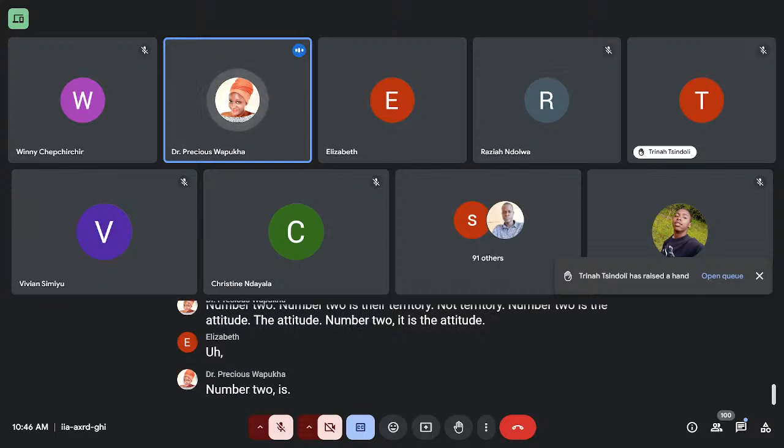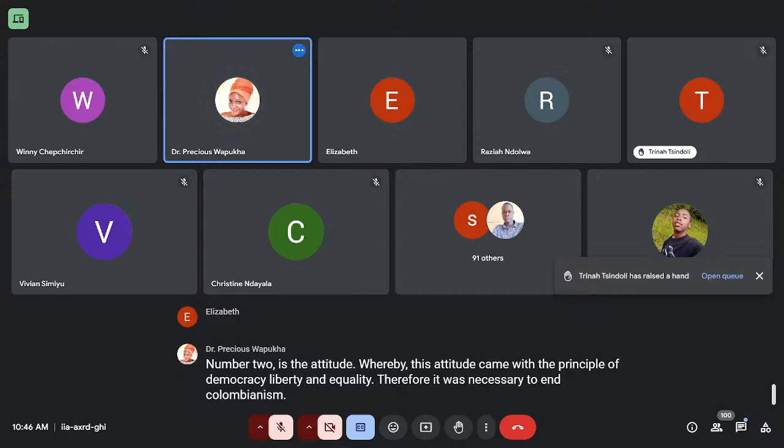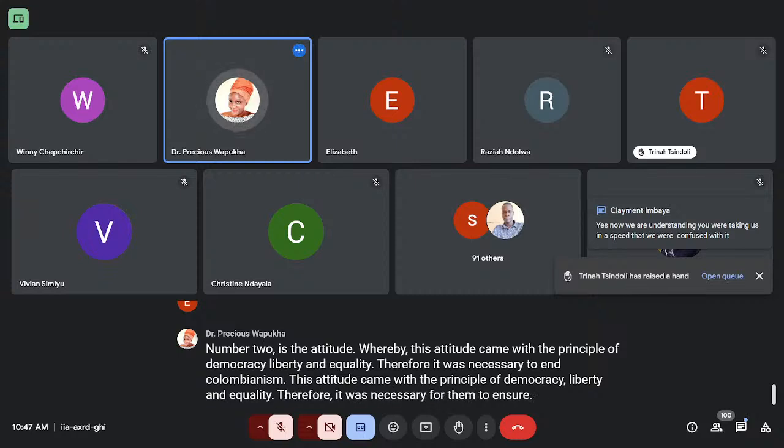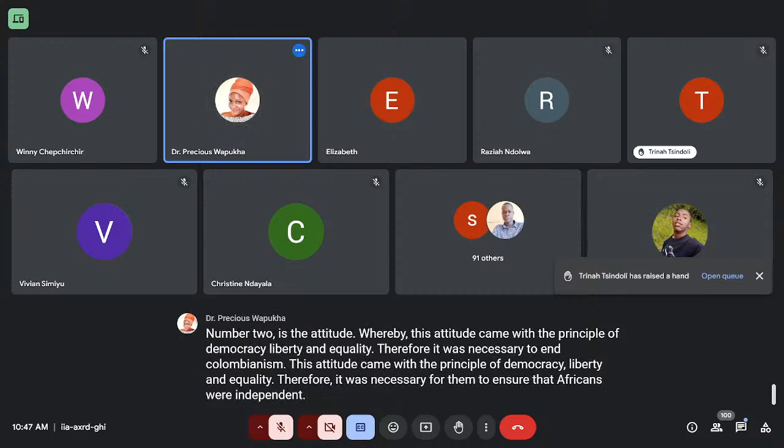Number two is the attitude, whereby this attitude came with the principle of democracy, liberty, and equality. Therefore, it was necessary to end colonialism. Therefore, it was necessary for them to ensure that Africans were independent and had liberty to make their own decisions.